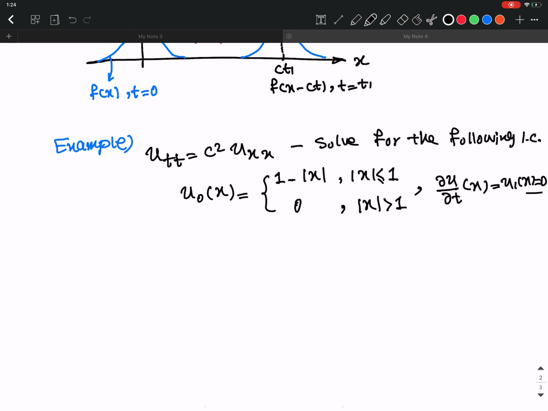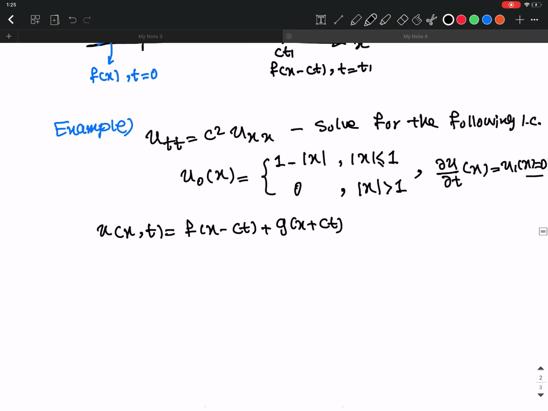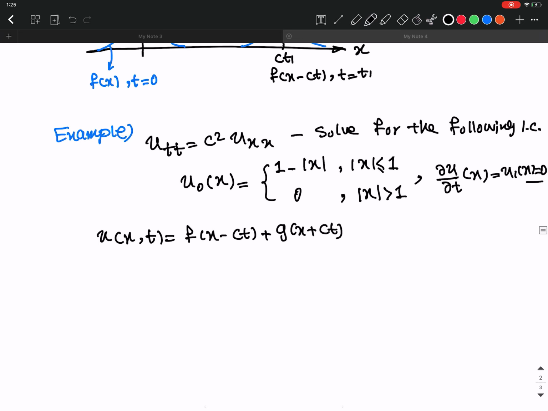So this is just a simple initial condition. Now let's find the solution of this. What is going to be the solution? The D'Alembert's solution says that we can write the solution as u(x,t) equals f(x minus ct) plus g(x plus ct), right? This is what we proved from D'Alembert. And now I want to apply the initial conditions to find the exact form of the f and g functions.